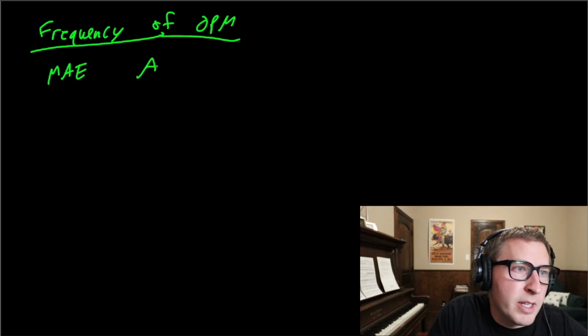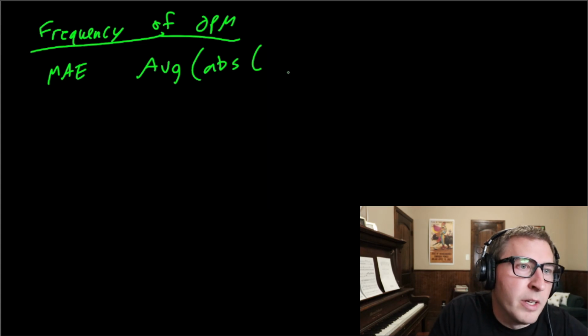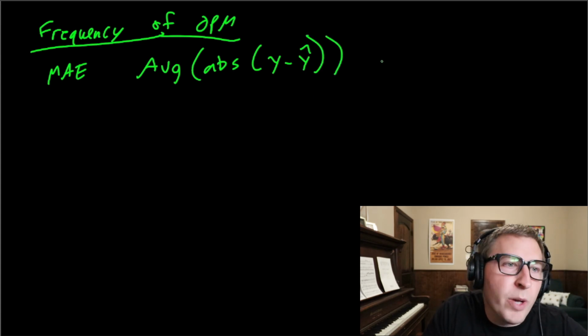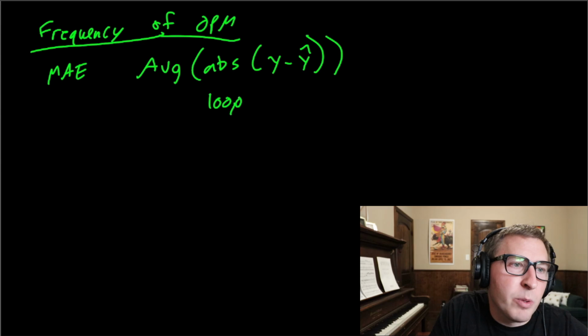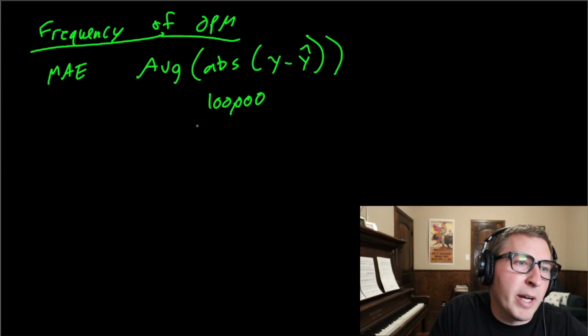This is going to be the average absolute error, so that's your residual here. And residual is going to be your actual minus your prediction. Imagine you have 100,000 data points, and this is going to be an average of 100,000 data points. And imagine you add on, I don't know, 5 data points.